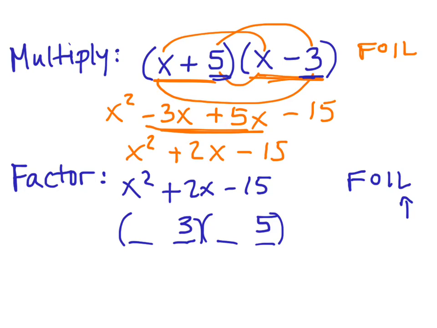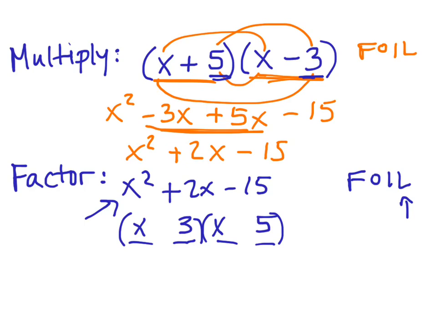Now my first terms. We usually start with the firsts and the lasts, and then we go back for the outers and inners. So my two first terms need to multiply to be x squared. I'm trying to break this down into simpler factors, so I would never really want to have an x squared and a 1. Instead, I'm always going to factor x squared as an x and an x.